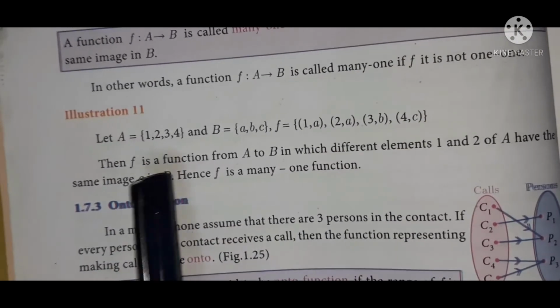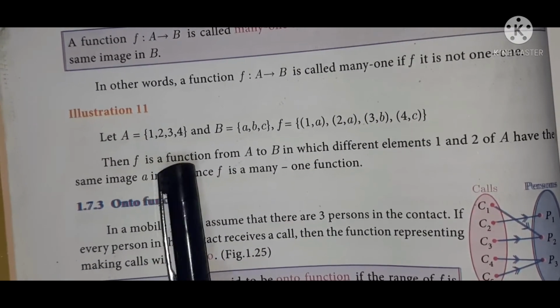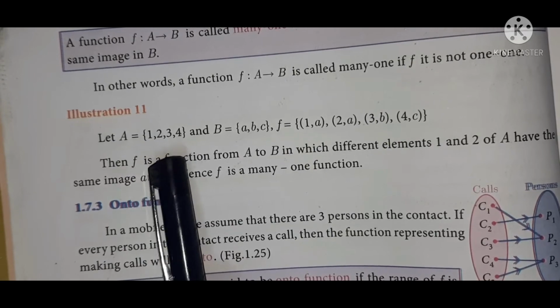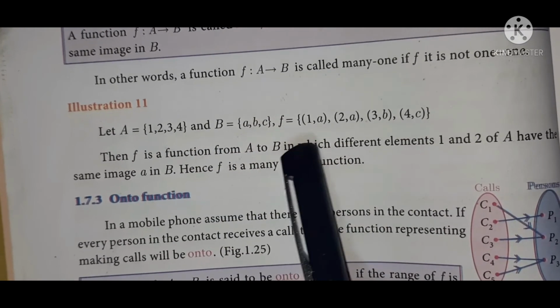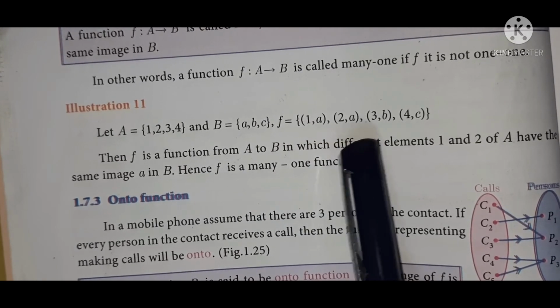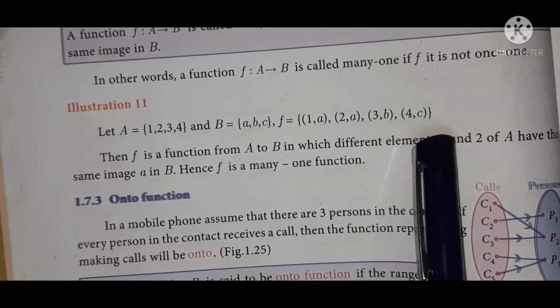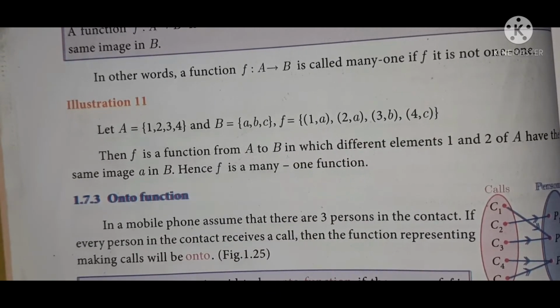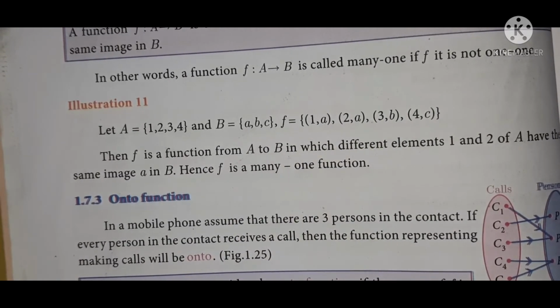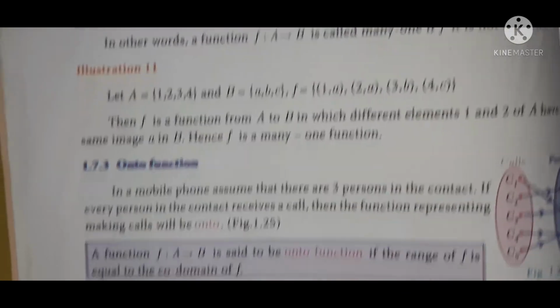For example, A is the set having elements 1, 2, 3, 4. B is the set having elements a, b, c. Function (1,a), (2,a), (3,b), (4,c). Here 1 and 2 have the same image a. So it is a many-to-one function.